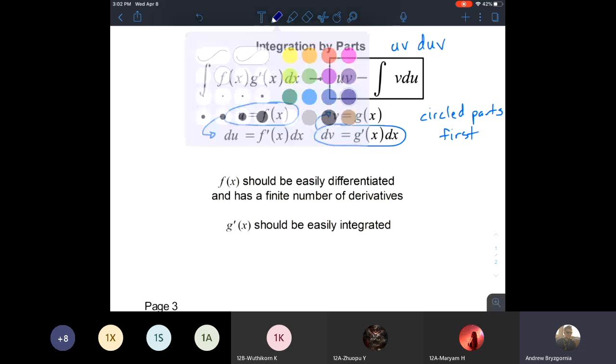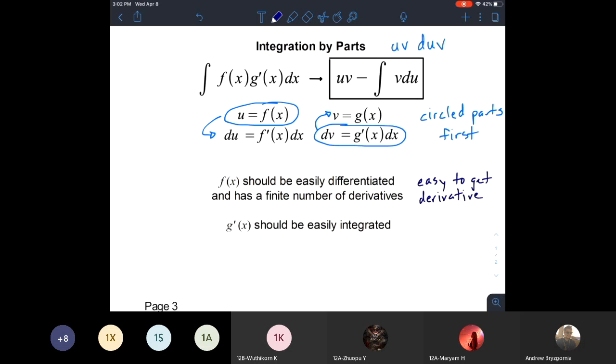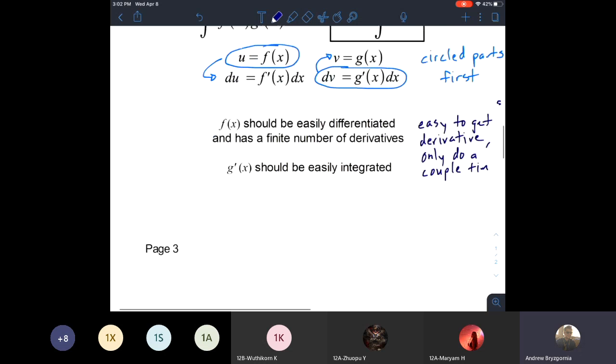And the last part that I have is down here, which is really important. If it's confusing, I promise you, once we start doing some examples, you'll start getting the hang of it. F of x should be easily differentiated, and it has to have a finite number of derivatives. So in other words, it's easy to get the derivative, and we only need a couple derivatives at most.